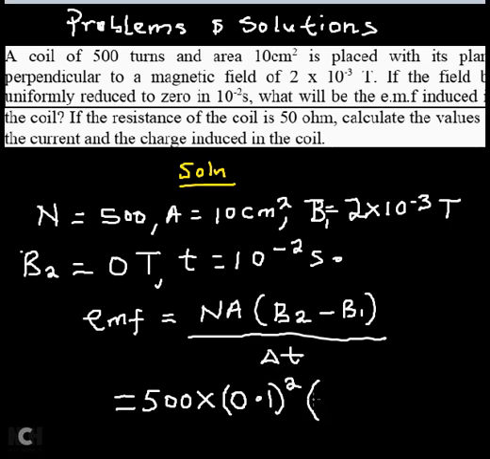Then now the final B2 is 0. Then minus. Don't forget that there was minus. I made a mistake. From Lenz's law, I have to put minus. So 0 minus, that's B2 minus B1, which of course is going to be equal to 2 times 10 raised to the power of minus 3.